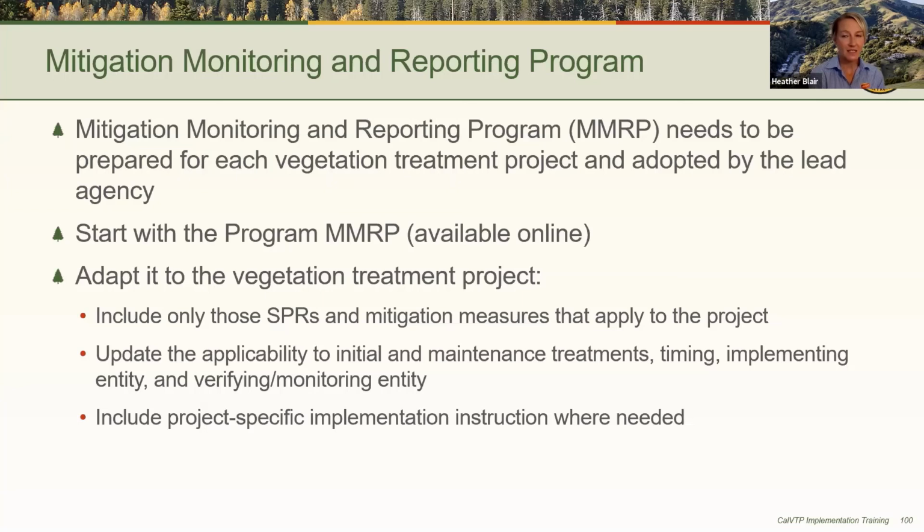The implementing entity is the agency or organization responsible for carrying out the measure. So this could include the project proponent's project manager, a technical specialist, such as a qualified archaeologist or biologist, a vegetation management contractor or partner agency, or other entity.